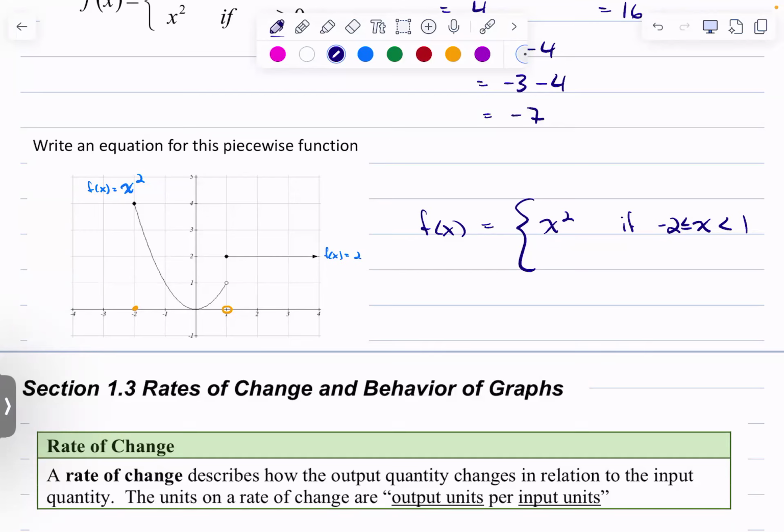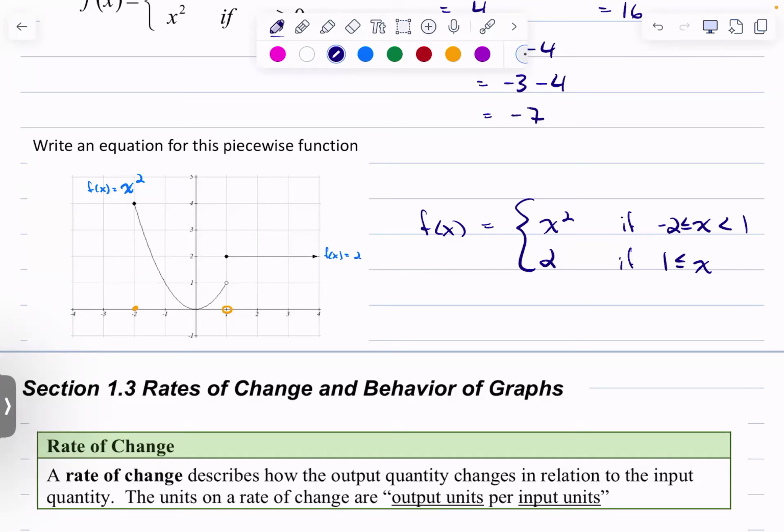And then we said f of x is just going to be 2 if x is greater than or equal to 1. You can stop there if you want to, but I really like the symmetry of having x between 2 values, because then I don't have to think about which way the inequality signs are going.